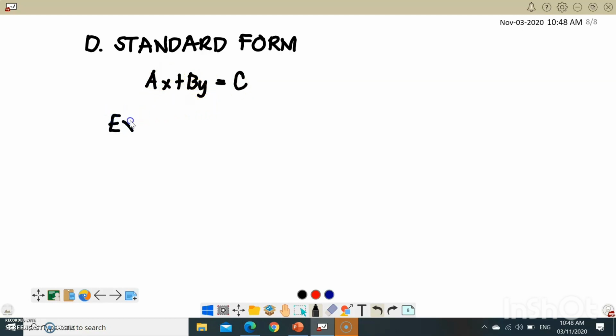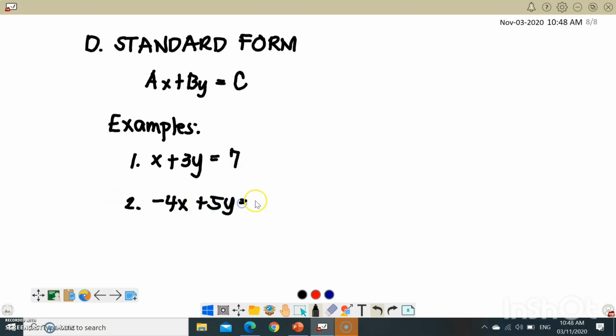Here are examples of linear equations in two variables written in standard form. We have x + 3y = 7, and negative 4x + 5y = negative 9.